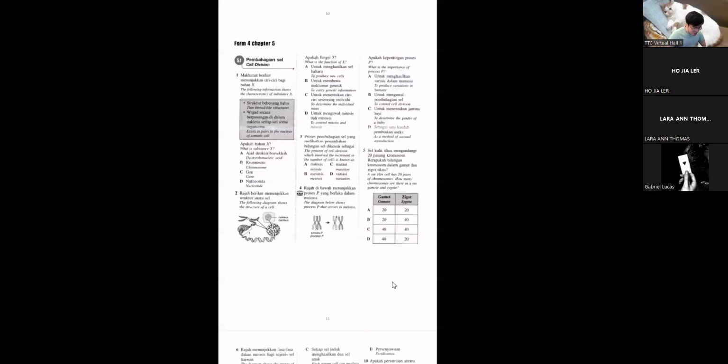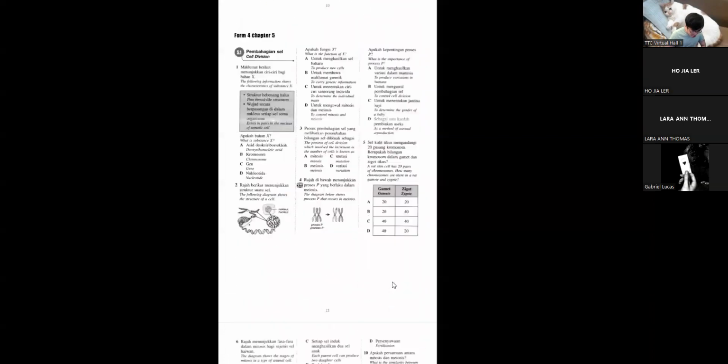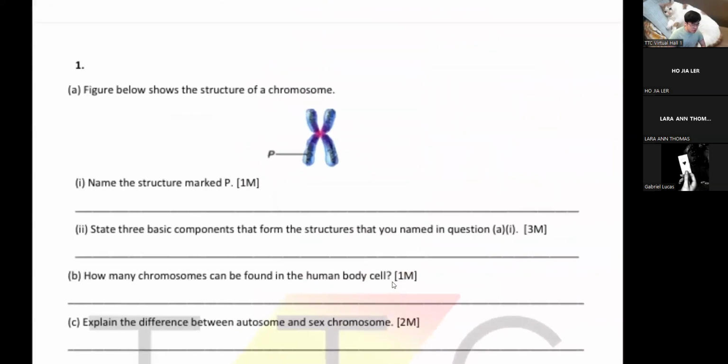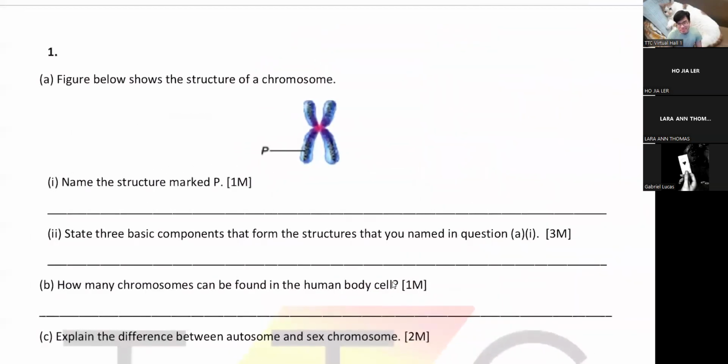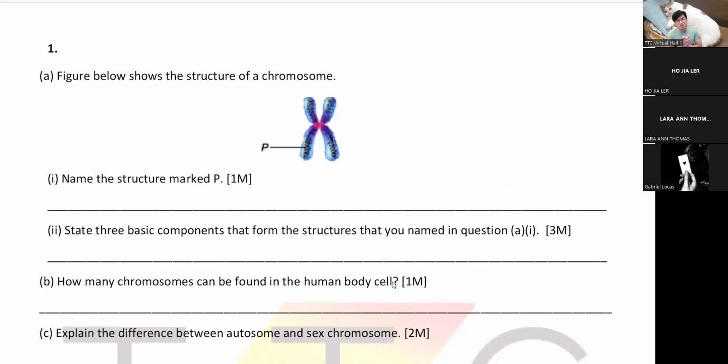So your science paper should be around there. All right, so the objective part, you can do it yourself. The answer will be posted in Google Classroom. I don't know when, but it will be posted. All right, anyway, so let's go to page 16. Let's revise on chapter 5.